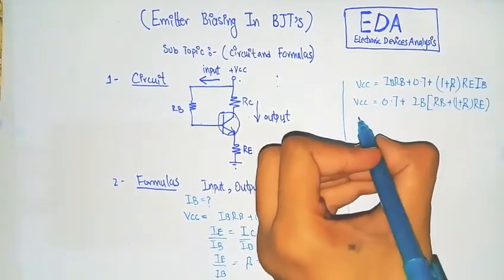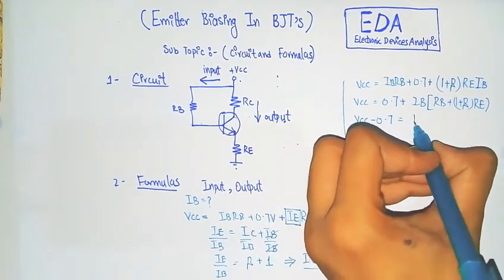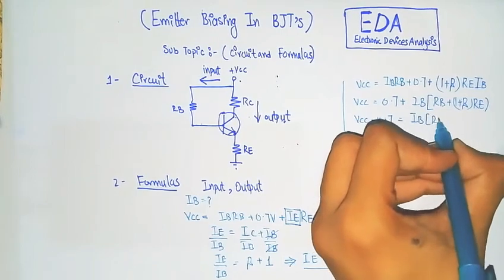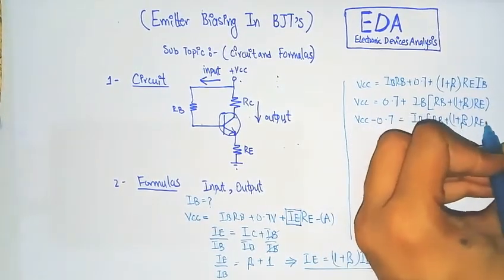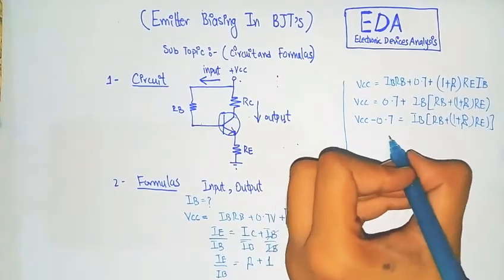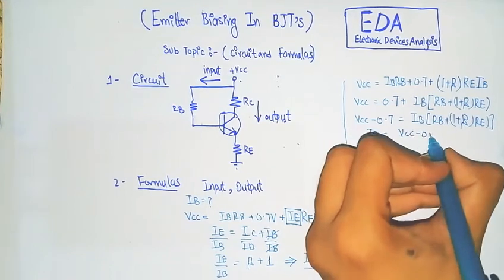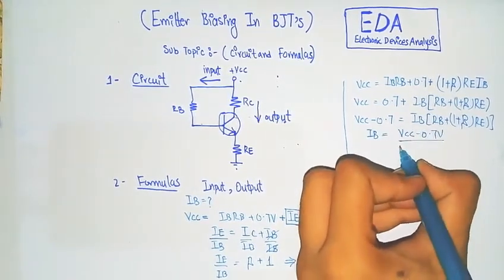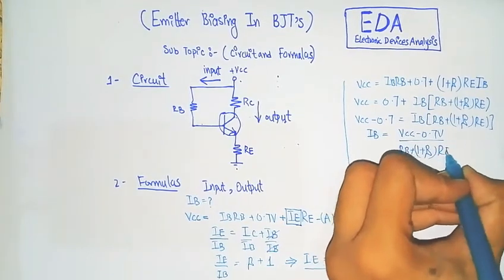Therefore VCC minus 0.7 volts will be equal to IB into RB plus 1 plus beta times RE. So therefore IB will be VCC minus 0.7 volts divided by RB plus 1 plus beta times RE.